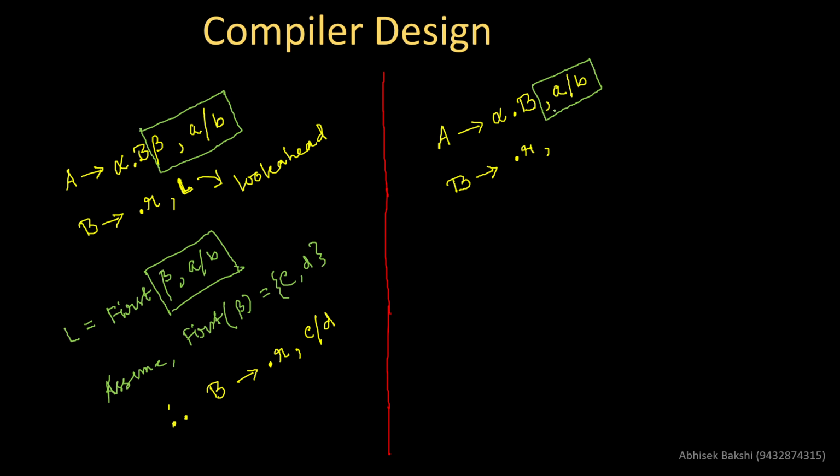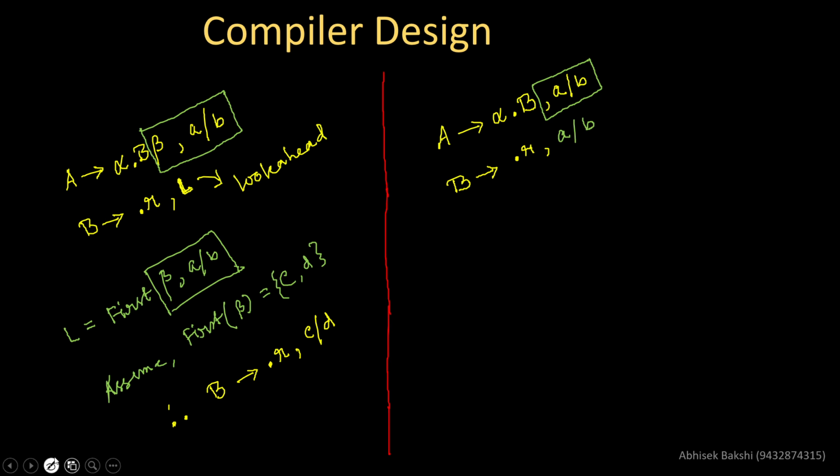In this situation there is nothing between B and the comma, so naturally when you add this production rule, the lookahead will definitely be a or b. In this way we can find the lookahead of a particular symbol.